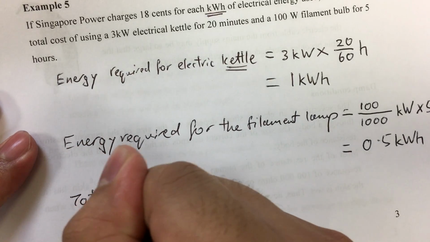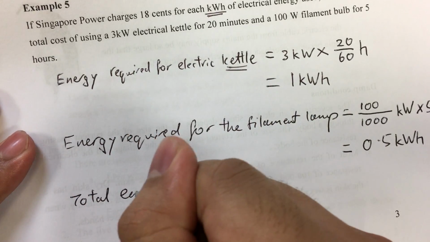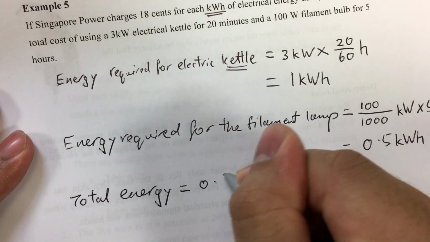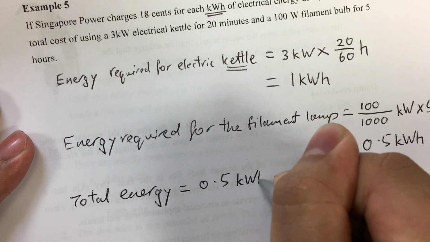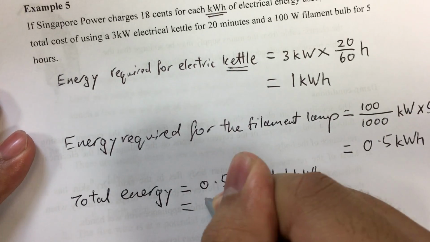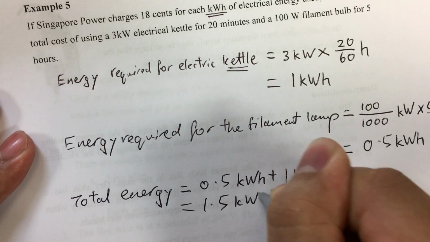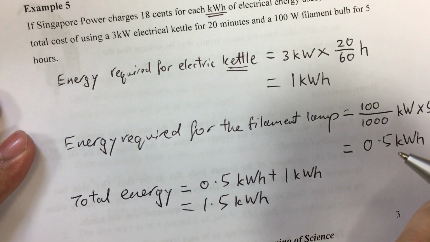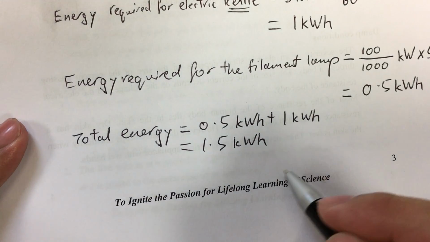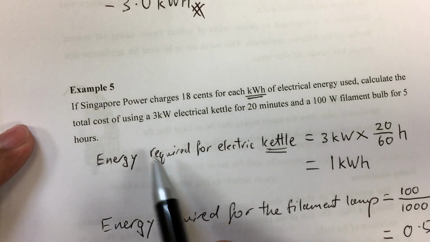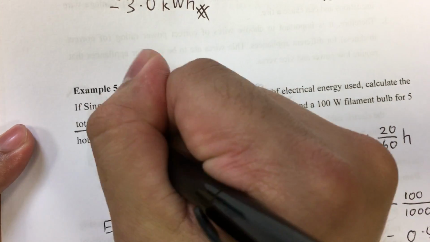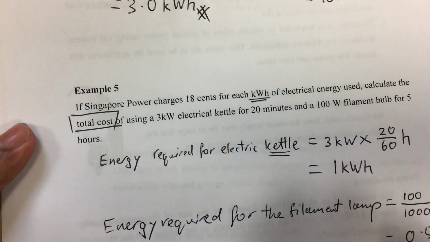So total energy that is used by this family would be 0.5 kilowatt hour plus 1 kilowatt hour, which will give us 1.5 kilowatt hour. And at the end of it, we are looking at the cost, remember? So let's check the question again. The question is asking you to calculate the total cost, money.